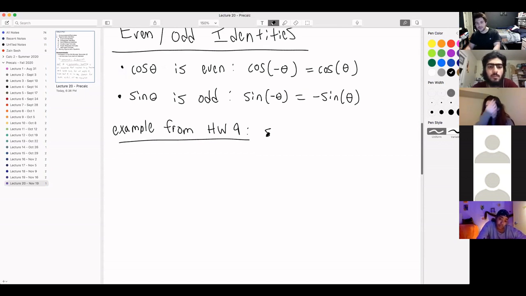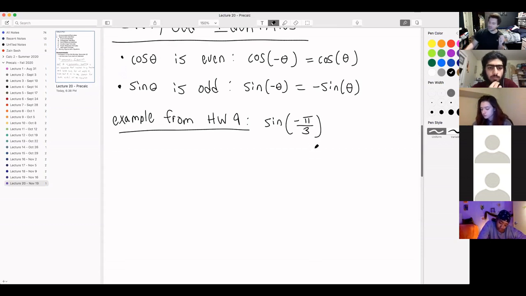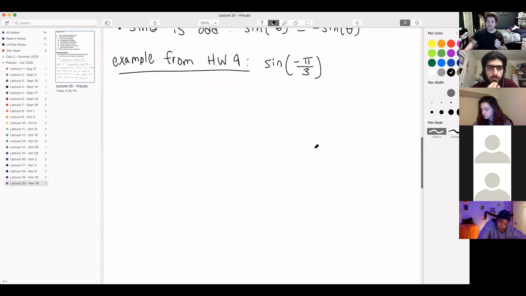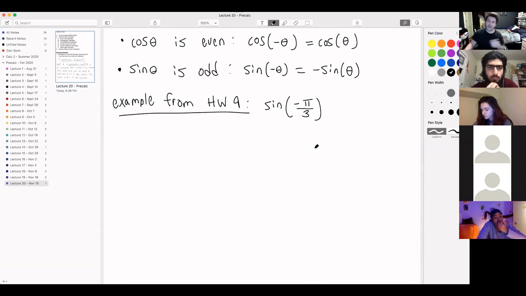I told you guys to evaluate sine of negative pi over 3. This is on homework 9. So what was the method? Well, you had to convert minus pi over 3 into degrees, find the reference angle, and see which quadrant we were in to see if sine was positive or negative. Well, yes, that will always work, but by oddness of sine, you can pull out this minus sign. This minus sign can come out in front.